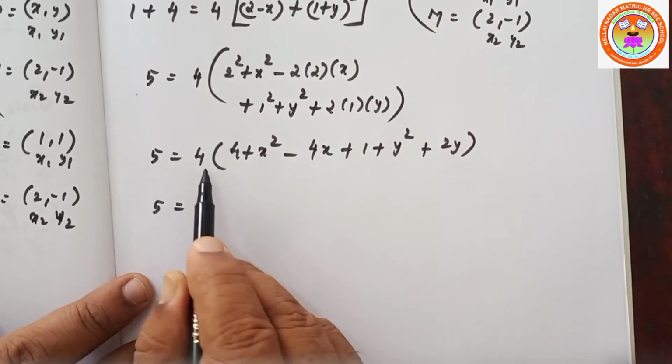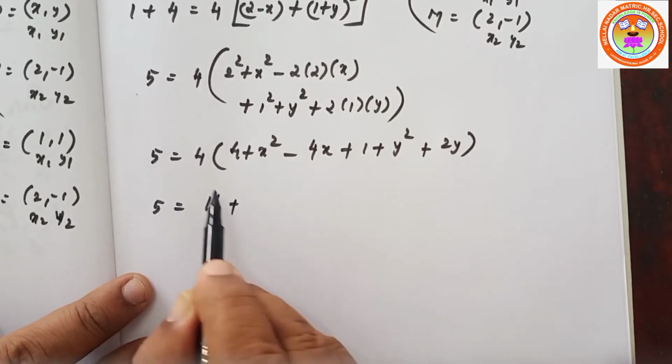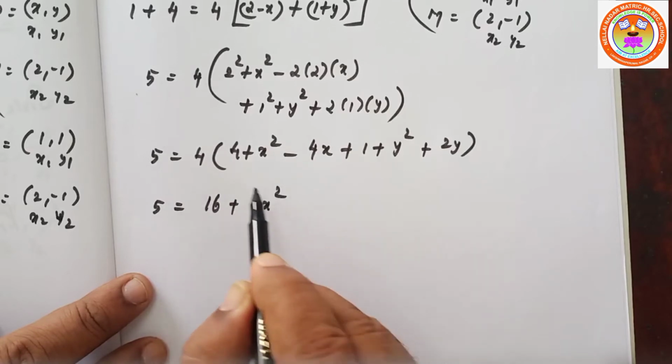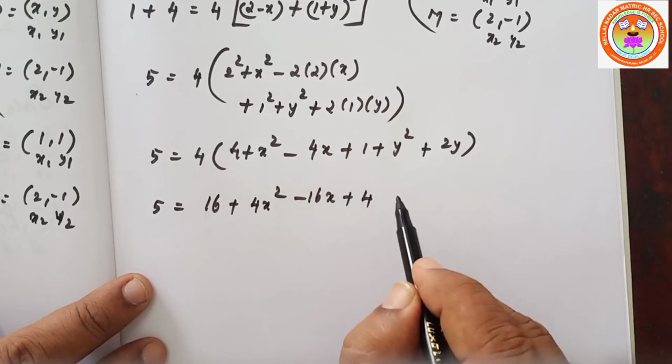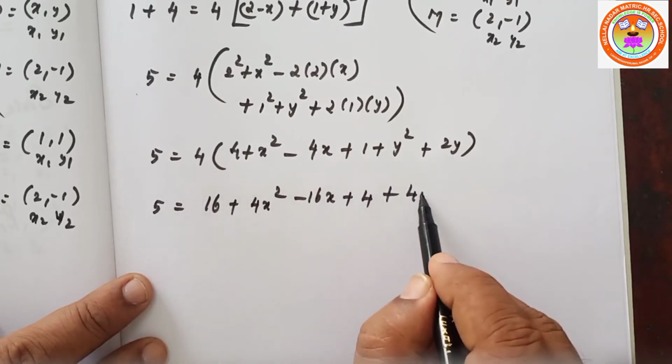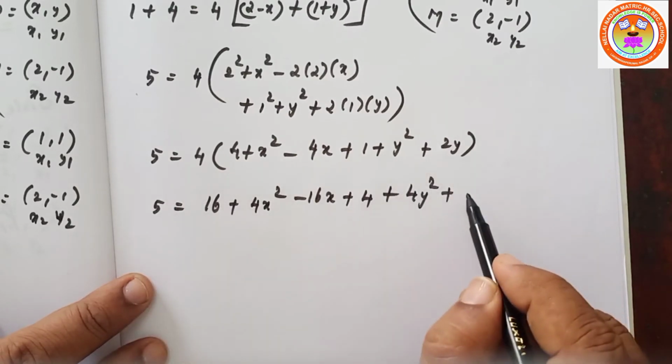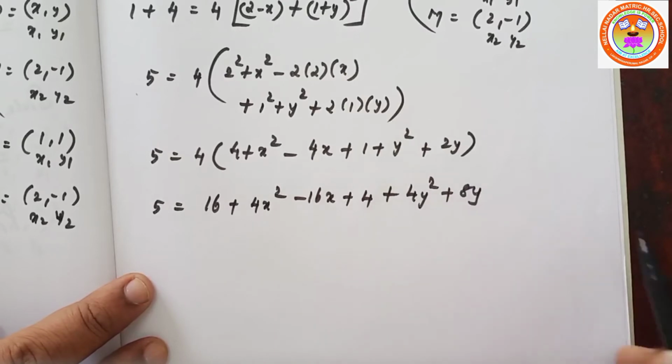5 equals 4 fours are 16, plus 4x squared, 4 into minus 4x, minus 16x, 4 ones are 4, plus 4y squared, plus 4 into 2y, that is 8y.